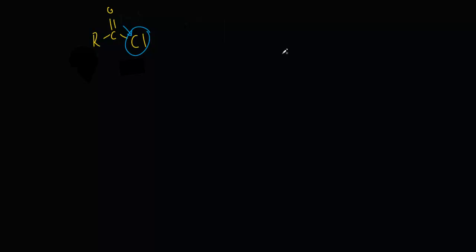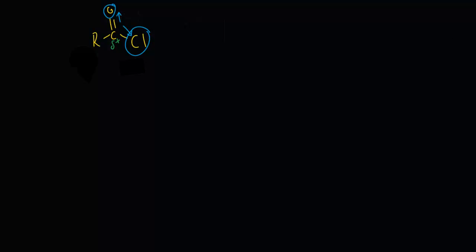electronegativity, then what you're going to get is kind of like a double whammy effect, in a sense that you have electronegative oxygen, which is pulling the electron density away from the carbon, making it more reactive, as well as the chlorine.